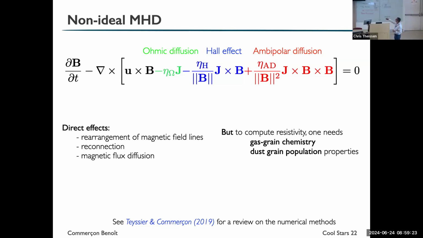So we need to compute these resistivity, these eta parameters. And for that, we need to know the ionization state of the collapsing core. And we then need to know the gas-grain chemistry, because grains can be the main charge carriers in this type of system. We also need to know the dust grain size distribution. In what I will present today, we assume that it is fixed and will not evolve with time.